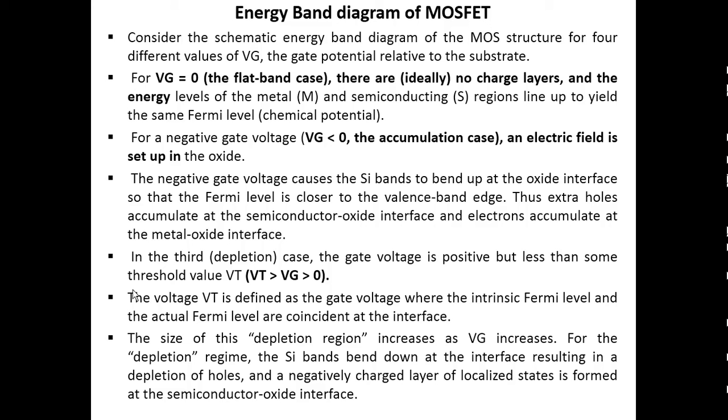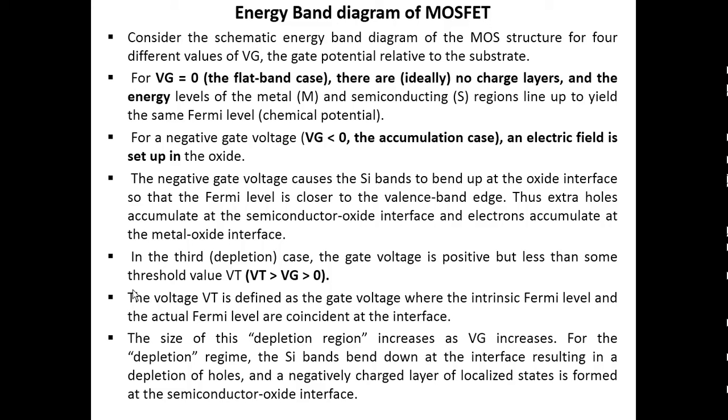That is why it is called a negatively charged layer of localized states. Electrons are negatively charged, and these electrons will be accumulated and finally go through the drain to source as the IDS.